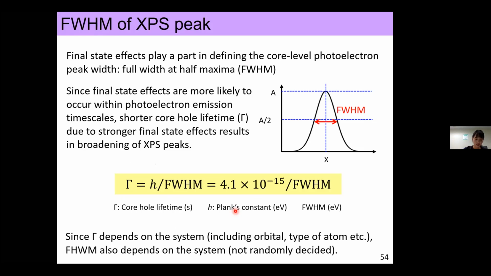Since final state effects are more likely to occur within photoelectron emission timescales, the shorter core hole lifetime, gamma, due to strong final state effects, results in broadening of the XPS peak. The core hole lifetime can be shown in this equation. Here, h is the Planck's constant with unit of electron volt. So, since gamma depends on the system, FWHM also depends on the system.